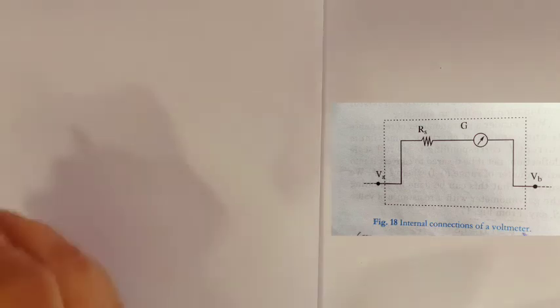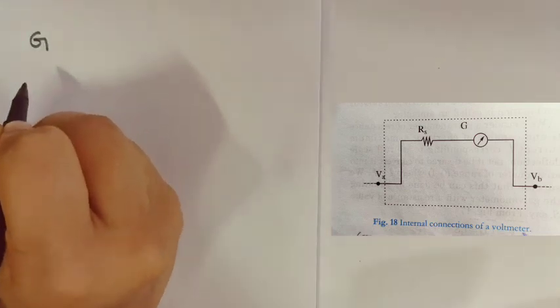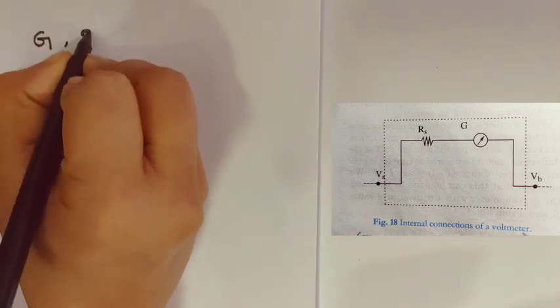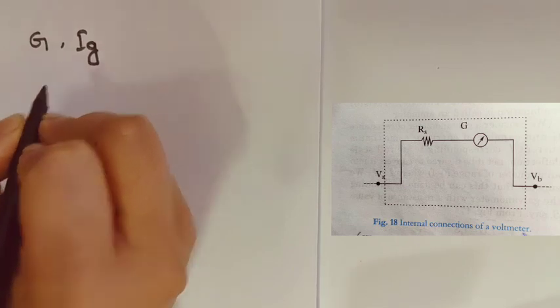Okay, next, conversion of a galvanometer into a voltmeter. In this figure we consider a galvanometer of resistance capital G, capable of carrying a maximum current Ig through it.